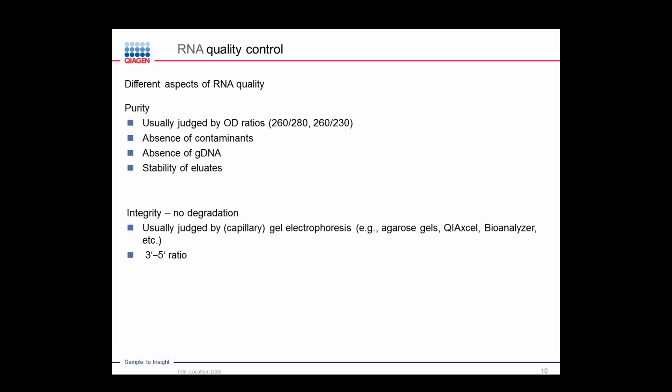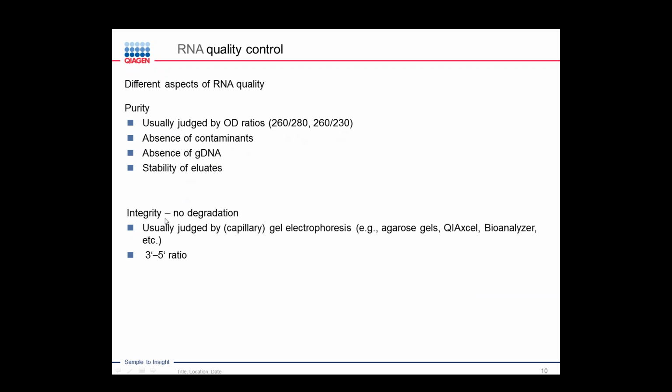In the next couple of slides, I would like to look deeper into different aspects of judging RNA quality and integrity. The purity of RNA preparations is usually judged by OD ratios, measuring absorbance at 260 nanometers and 280 nanometers, or the ratio of 260 to 230, absence of contaminants, absence of gDNA, and the stability of the RNA.